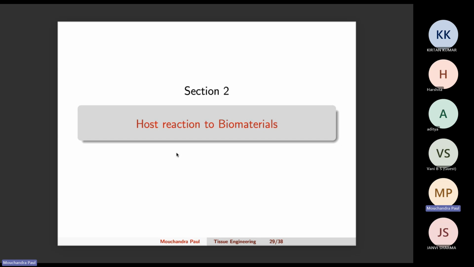Here the foreign body is the biomaterial that we are going to make the scaffold out of. The scaffold containing cells is foreign to our body. How is our body going to react to it, and can we somehow modulate it to our advantage? We will discuss that in the next class.